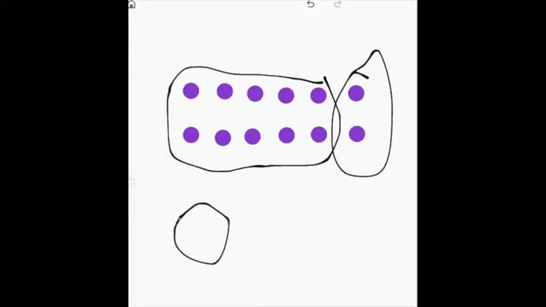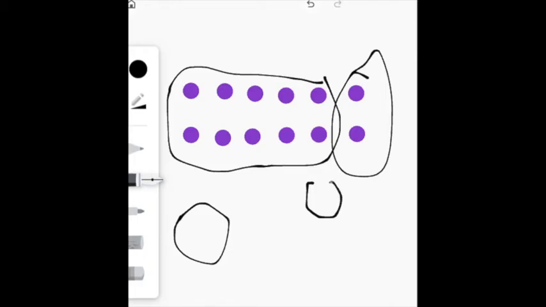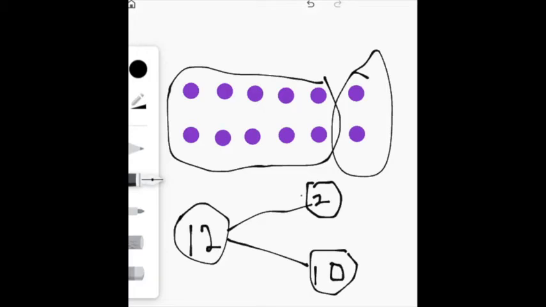And if I want to write it down as a number bond, I can write 12 is the whole, 2 is one of the parts, and 10 is the other part. And does it matter where I write my parts? What if I wrote 10 up here and 2 down here? Would that be okay? Yeah, it doesn't matter where we write our parts. It's still 10 and 2. It's still 12.